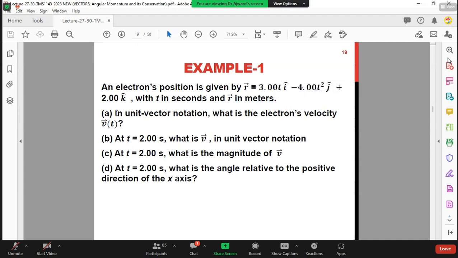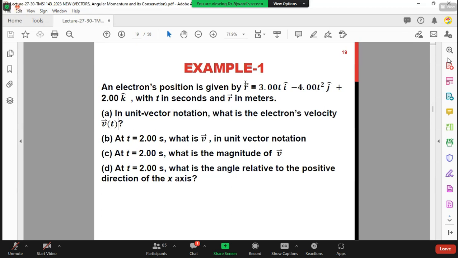So can you find the velocity V(t) in unit vector notation? If you have your notebooks or a piece of paper, you can do that. So what is the electron's velocity?